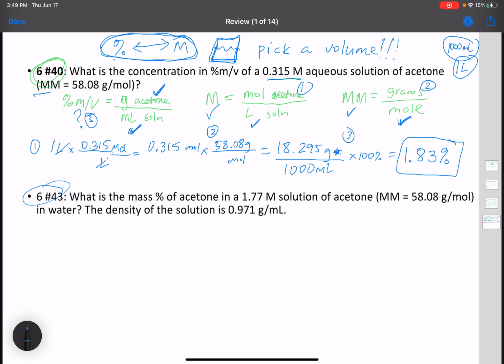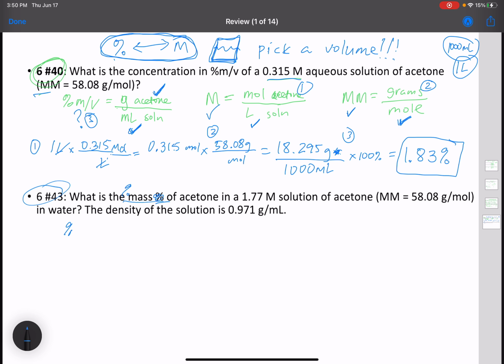All right, number 43. What is the mass of acetone in a 1.77 molar solution of acetone? So we have, what is the mass percent of acetone? That's a weird way to say it. I would say, what is the percent mass?